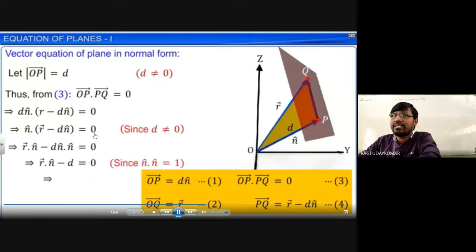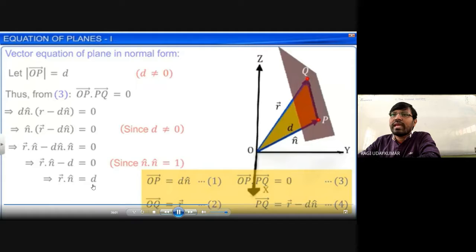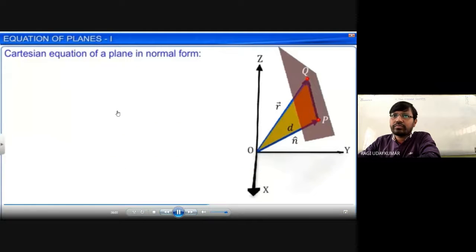Finally, at last, you get the equation of a plane: R bar dot n cap is equal to D. What is n cap? n cap is a unit vector.